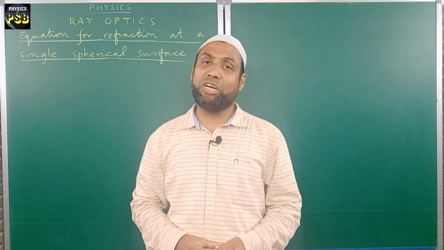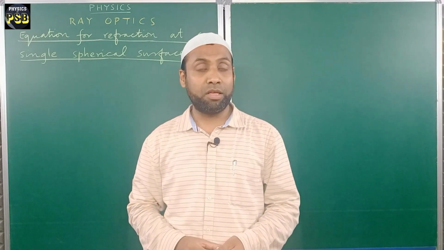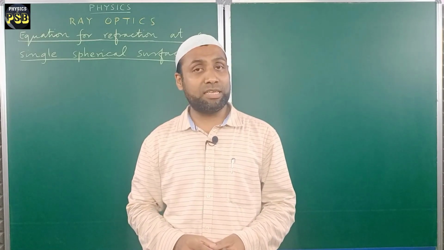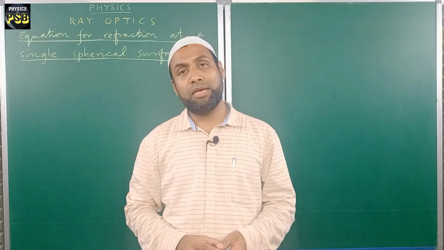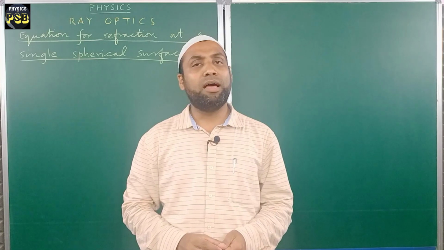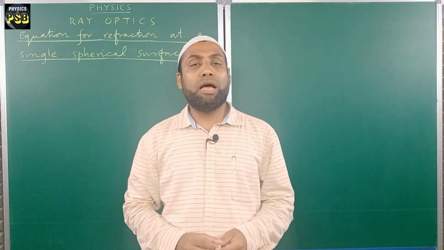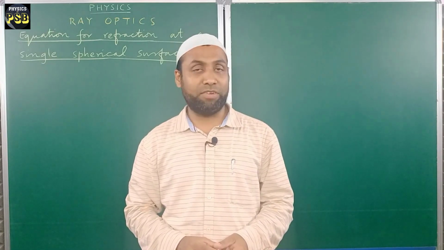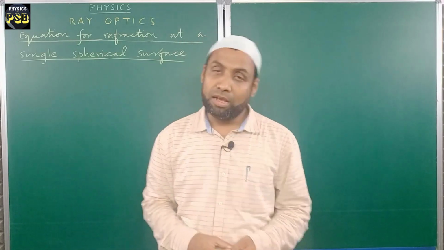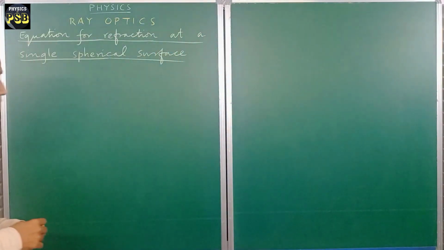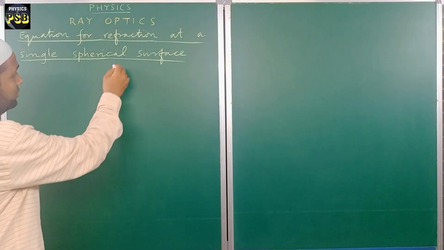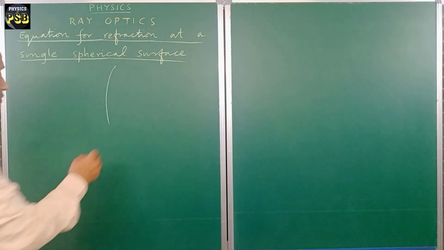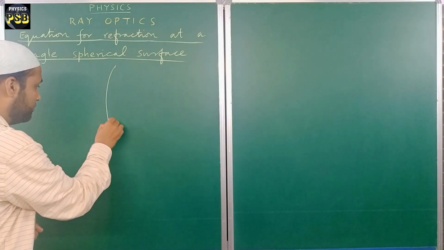For that, I consider two media of refractive index N1 and N2 separated by a spherical surface. Let me show you how it appears. Suppose this is a spherical surface, a single spherical surface.